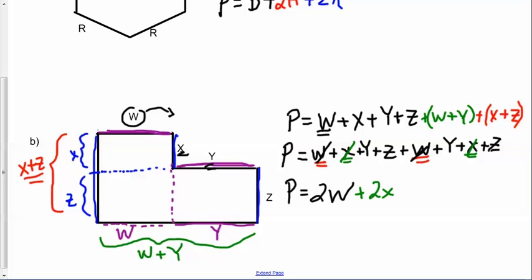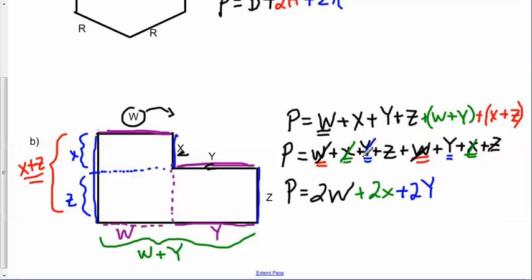And then we have a Y. We've got a Y here. Do I have any other Y's? Yep, there's another Y there. So that's going to be 2Y. And do notice, folks, that I'm keeping my variables all capital because we were given capital letters in our diagram. We want to be sure that we keep our variables capital when we write our perimeter formula over here.